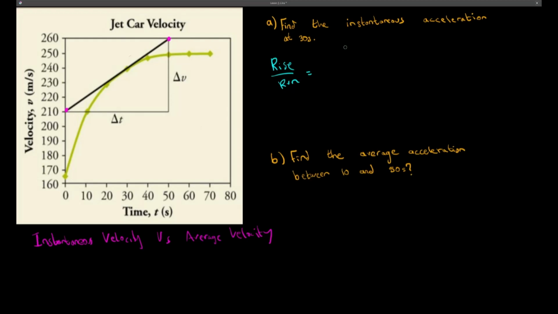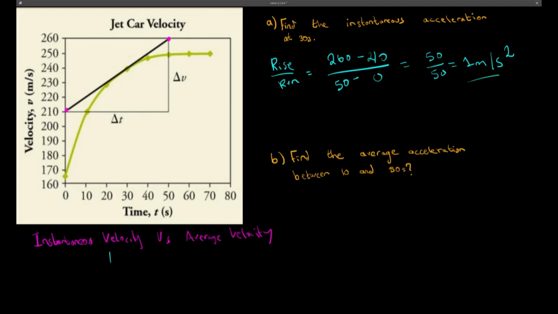So y2 is 260 minus 210 over 50 minus 0. So it's going to be 50 over 50, which is equal to 1 meter per second squared. So this is the instantaneous acceleration.